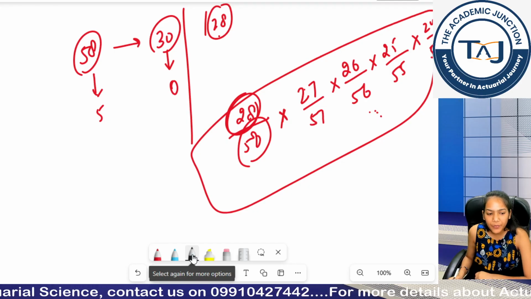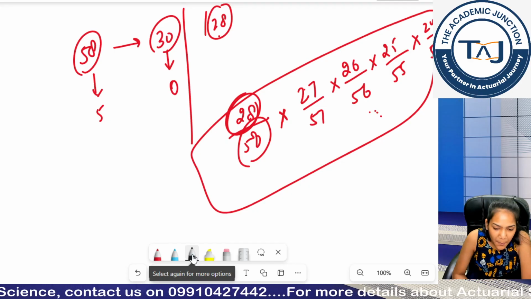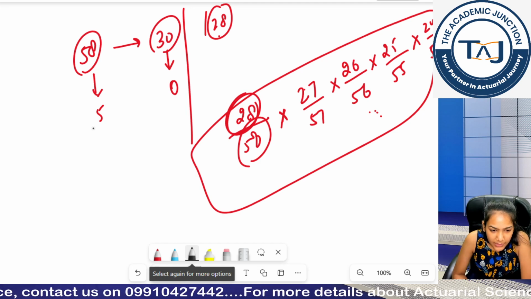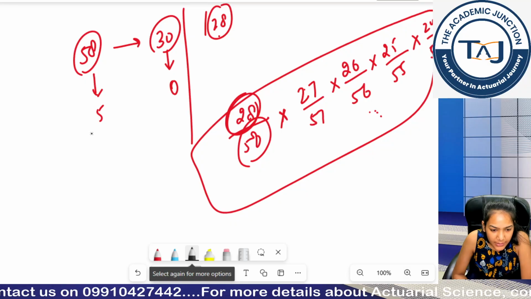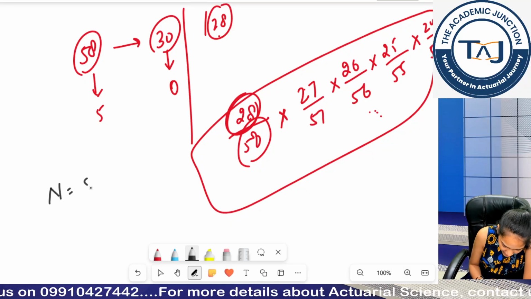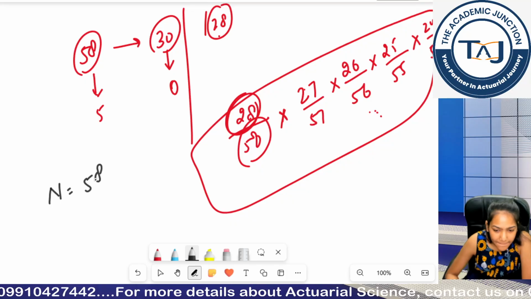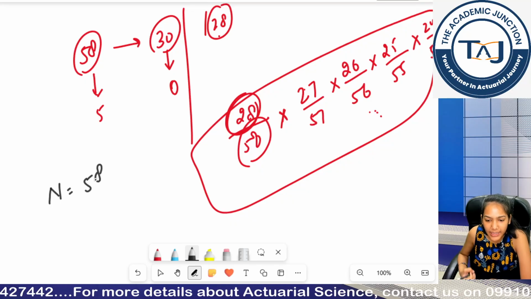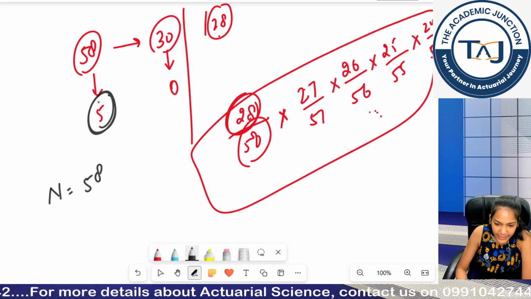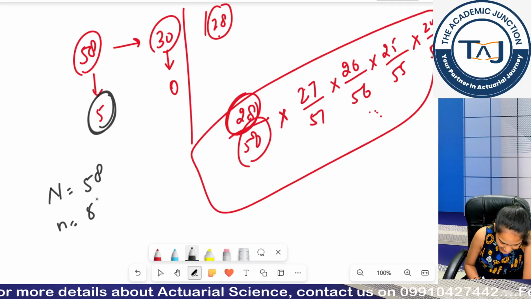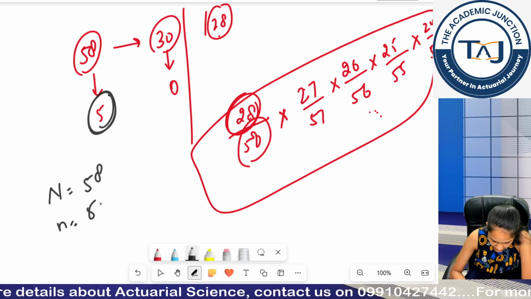Now if I do it with the distribution, what is my population size? Yes, it is 58. How many samples am I taking? I am checking 5 students, so my sample is 5. Very good.